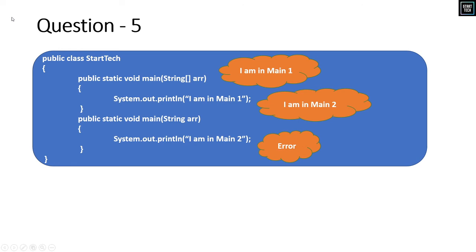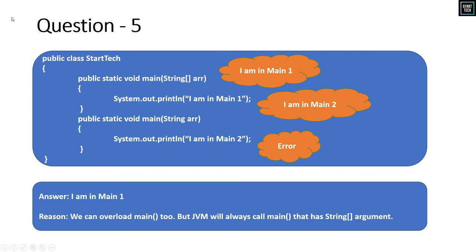If you observe these two methods, the first method has the string array argument, which is known to the JVM. That is the reason the output will be I am in main 1. So this is the answer and the reason.